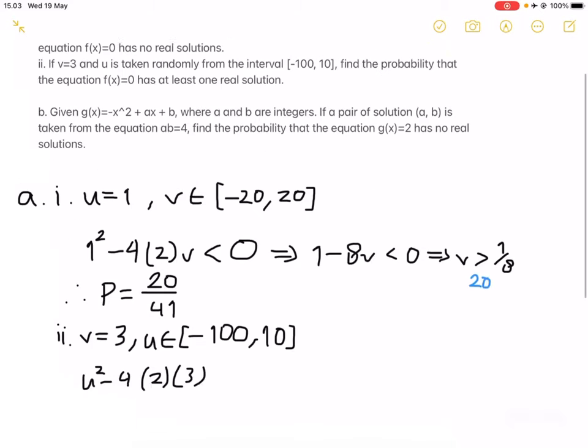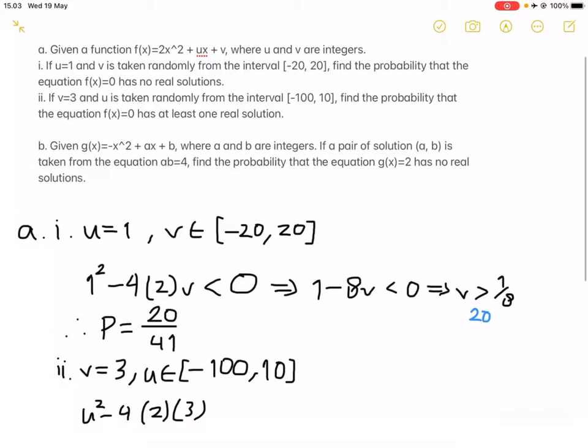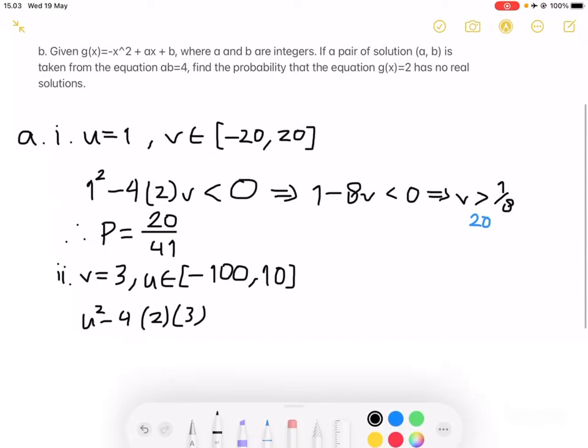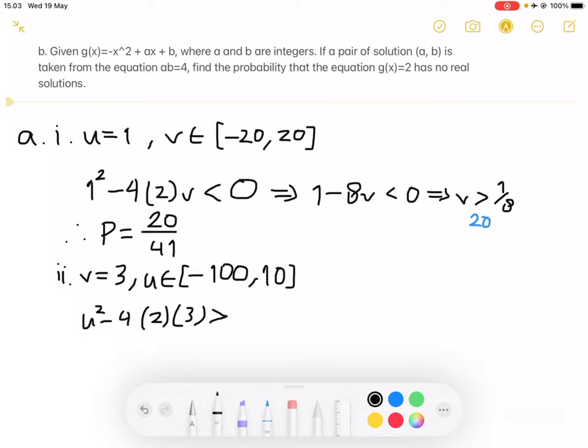So it will be u squared minus 4 times 2 times 3 in this case. And since we want to show that it has at least one real solution, it must be greater than or equal to 0, where equality happens when there is exactly one real solution. Solving this, you'll get u squared is greater than or equal to 24.